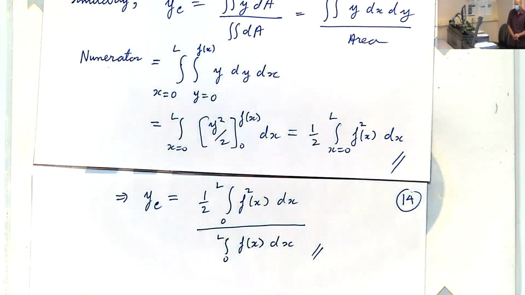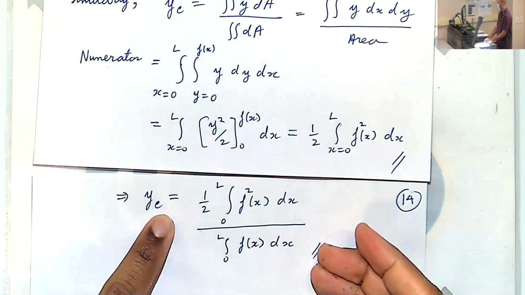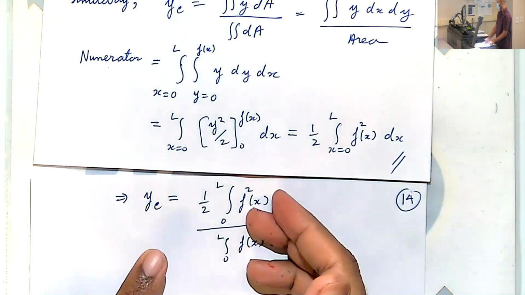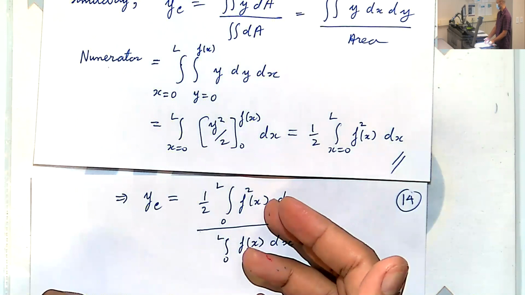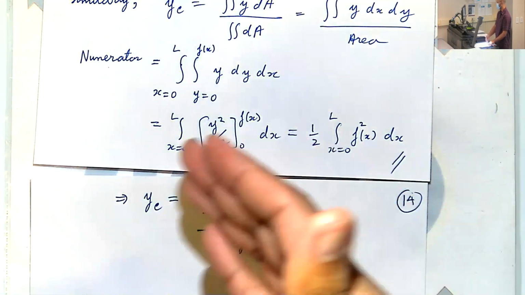Remember, this is valid for any general form. You can plug in f of x equals sine x, exponential x, or your hull shape. This never changes. This is a very general formula.